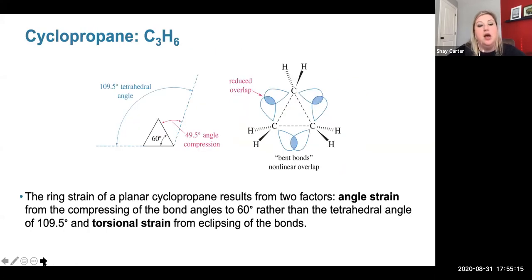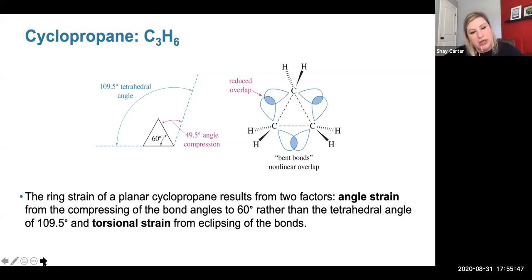Now, ring strain sounds like a fourth type of strain, but it's not. Ring strain is if we take our angle strain, which is forcing our bond angles too close together, and our torsional strain from our eclipsing bonds, and we add them together, that gives us our ring strain. So it's actually our angle strain and our torsional strain added together.